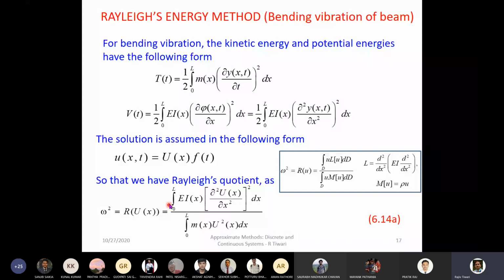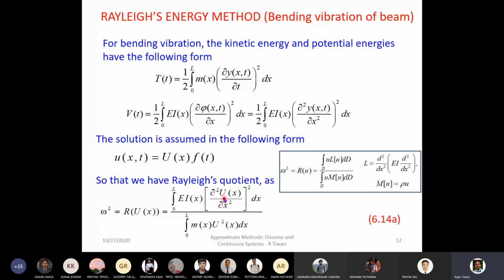Now, if you see here, we have differentiation of the second order, whereas in the eigenvalue problem of this form, in which we started with the L operator and M operator, the L operator has fourth-order differentiation. Here the order of differentiation is 2, so we have 2 orders less in the energy form.